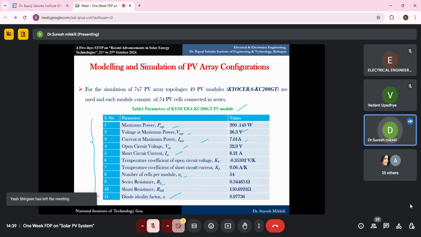Now these PV modules can be connected in series or parallel. This is for one module data.